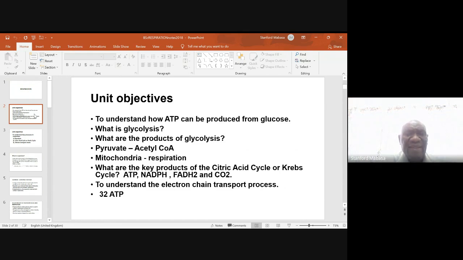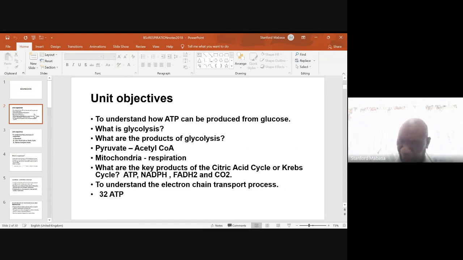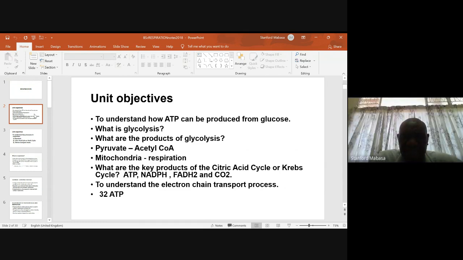Pyruvate, acetyl coenzyme A are some of the products which we will talk about. We should understand that respiration occurs in the mitochondria. What are the key products of the citric acid or Krebs cycle? ATP, NADPH, FADH2, and CO2.